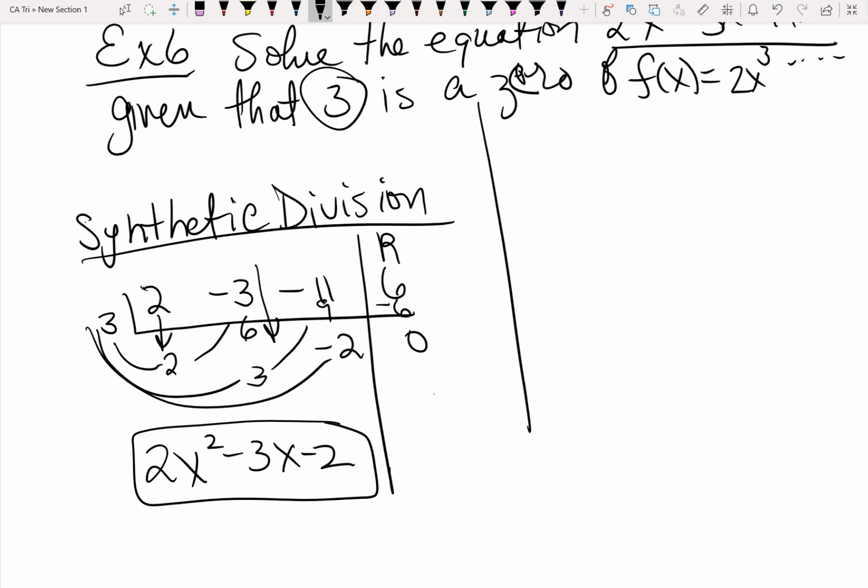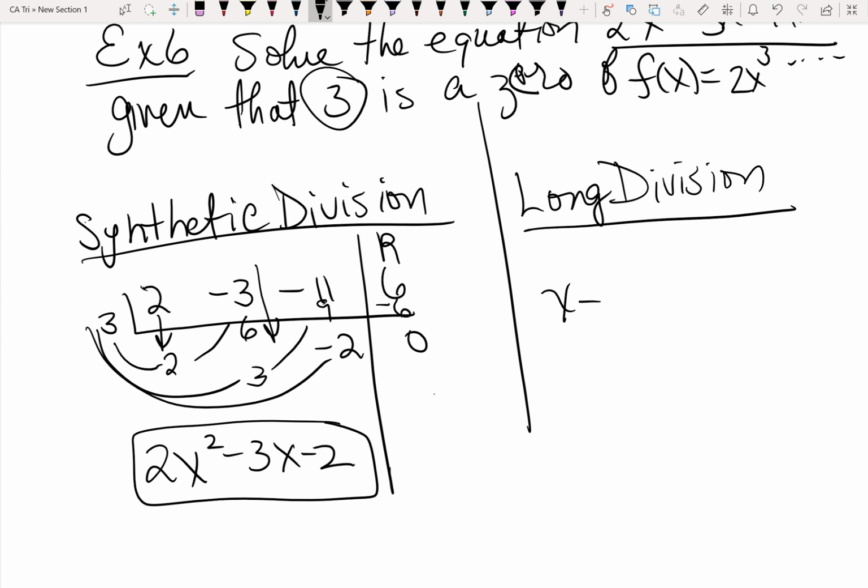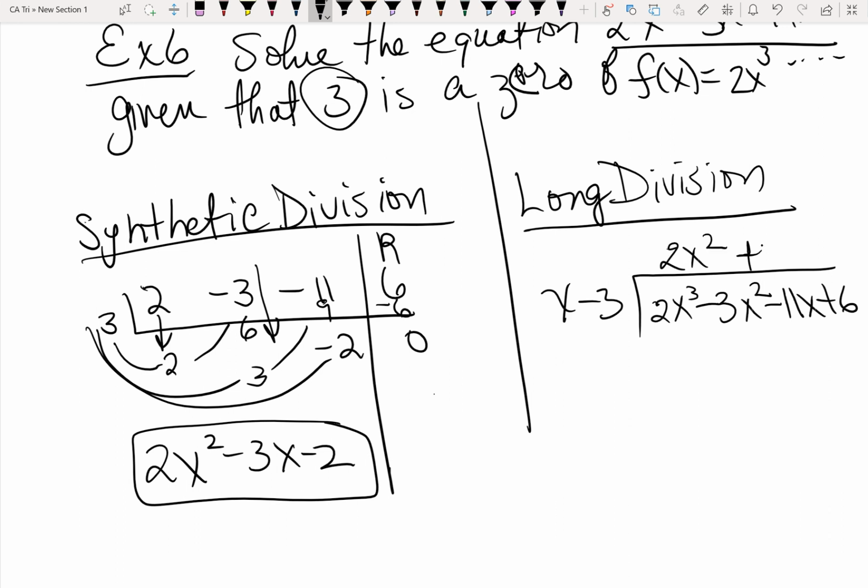If I'm using long division, and they give me this question, then I'm dividing by x minus 3. This divides into the full polynomial, 2x cubed minus 3x squared minus 11x plus 6. If I were to divide this, the result would be 2x squared plus 3x minus 2.